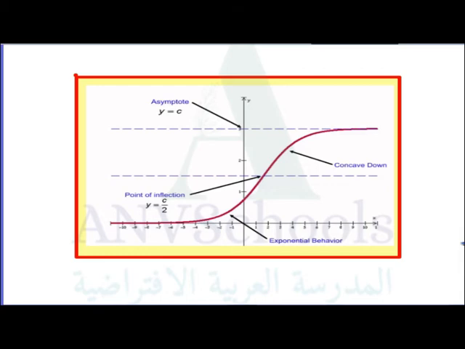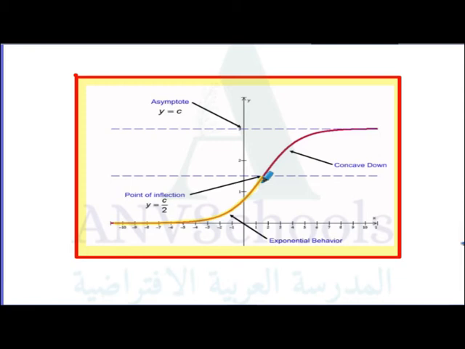So as you can see, this is the whole logistic function. You could actually see that in this portion of the graph, it tends to behave like an exponential function until here. Well, an exponential function, to remind you, is a function that increases exponentially, up to a certain given value for x.